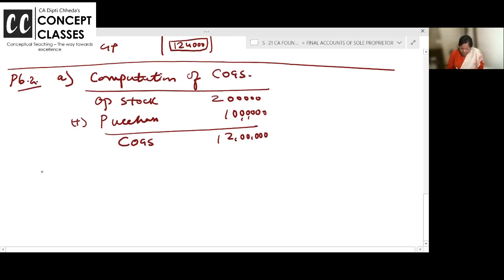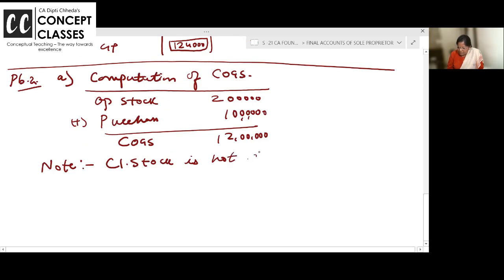And now you all should write a note here. Note likho. Closing stock is not deducted above as closing stock is appearing in the trial balance. This note you have to write in the exam also.